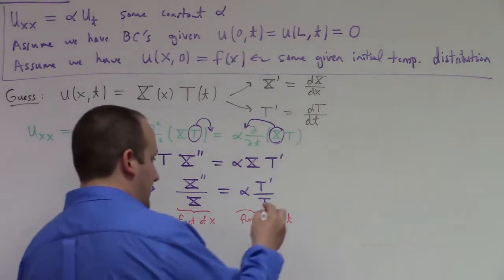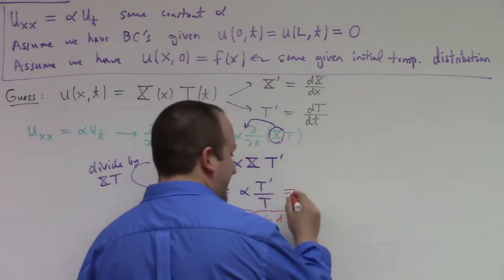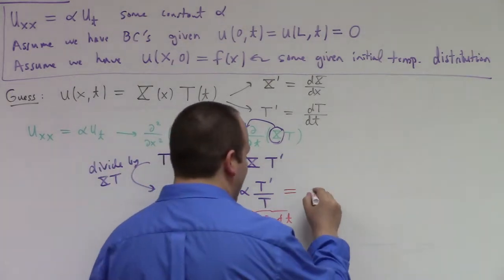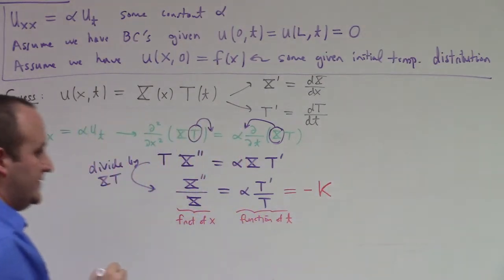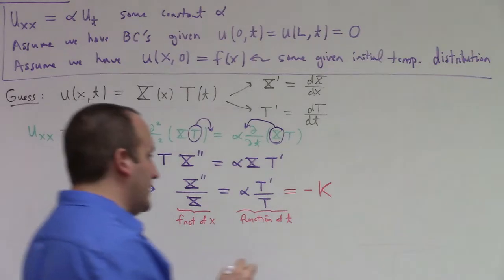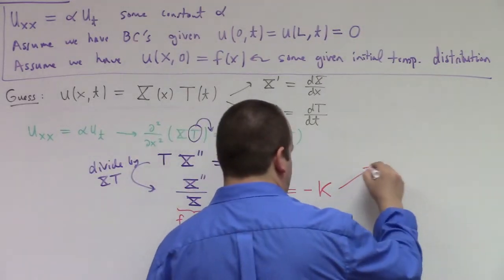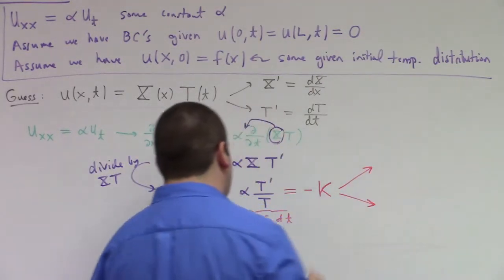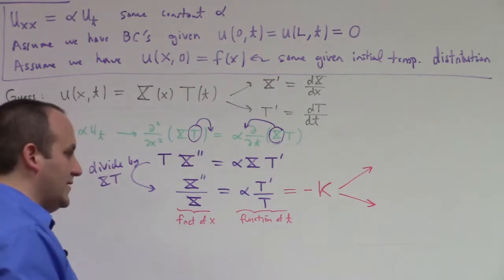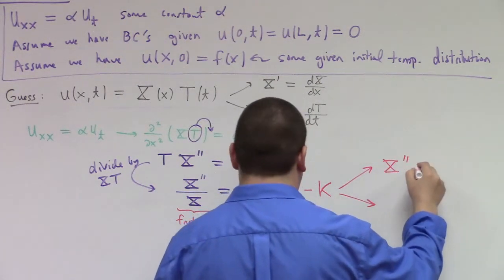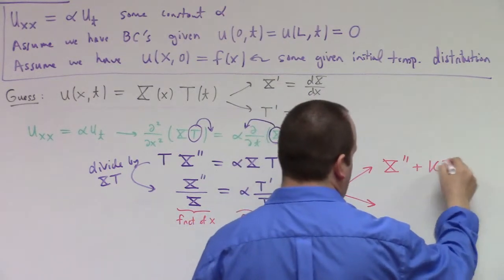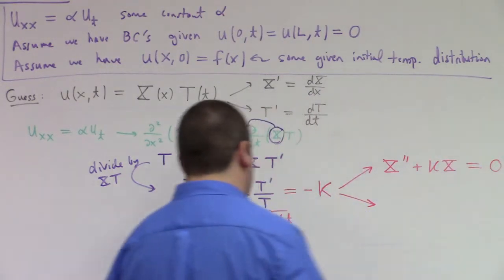And so in order to keep with the nomenclature of the thing I just had on the projector, I'm going to call that constant minus k. The reason I'm going to do that is because then you can see that separation of variables has in fact given us a pair of ODEs to solve. One of them being X prime prime plus kX equals 0, right?